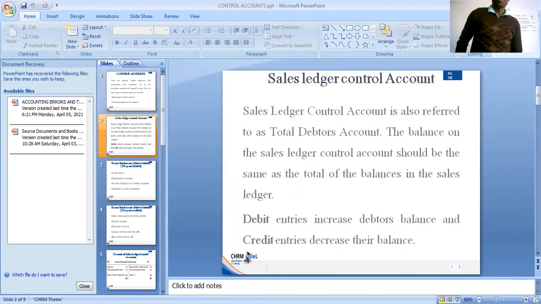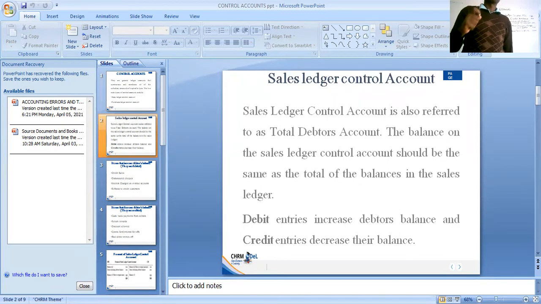The sales ledger control account is also known as the total debtors control account. The balance in this ledger account should be the same as the balance of all the individual ledger accounts of the debtors. If, for example, John had a balance of 1,000, Joseph had a balance of 500, and Jane had a balance of 500, when we prepare our sales ledger control account, our balance should be the same as the 2,000.